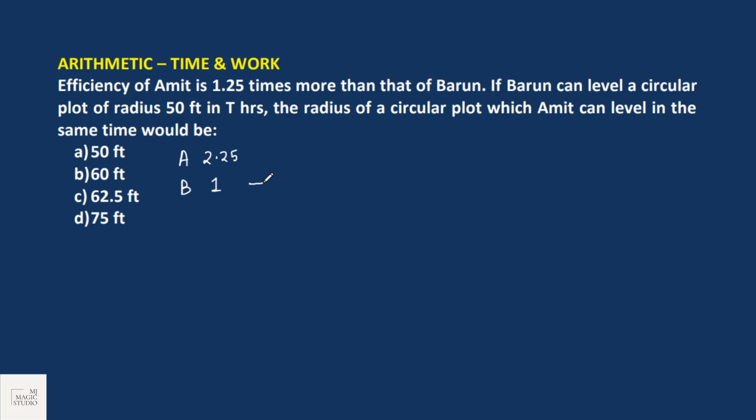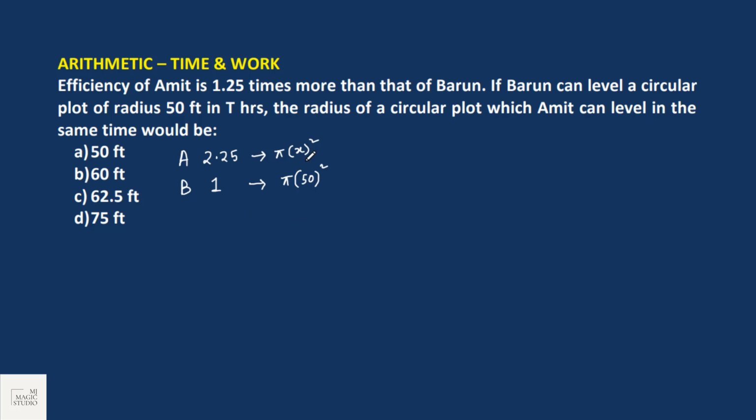So now, in the given time, Varun is doing something equivalent to pi times 50 squared area. That is Varun's work. And let Amit's work in that particular time be pi x square, where x is the radius of the circular plot which Amit can level.